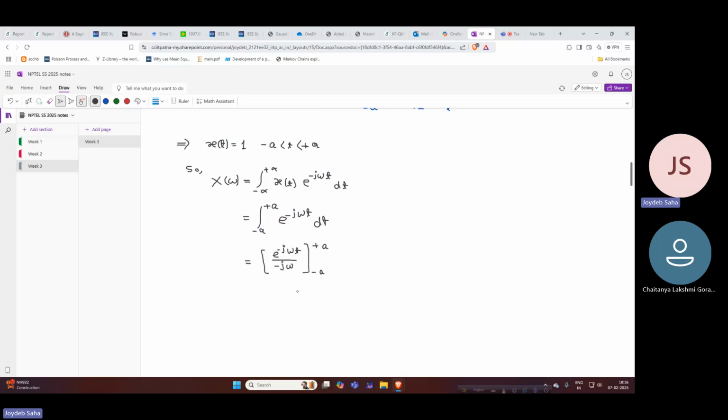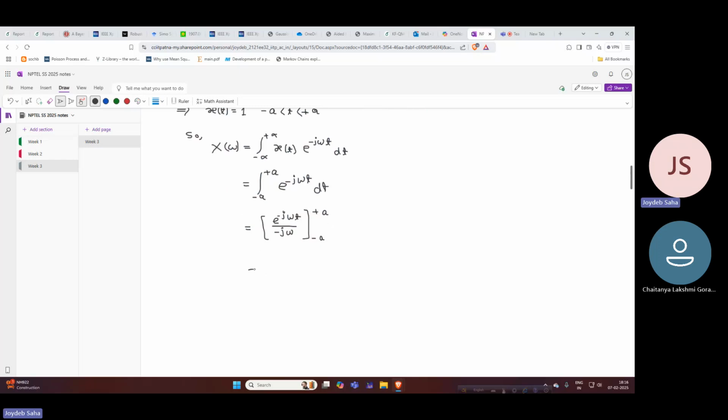Till now it is fine. So we can write it minus 1 by j omega, e to the power minus j omega a minus e to the power plus j omega a.